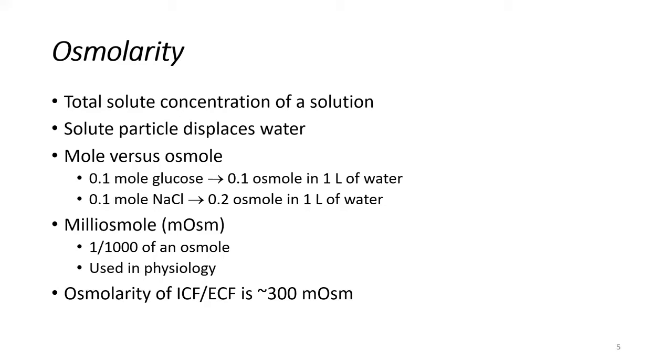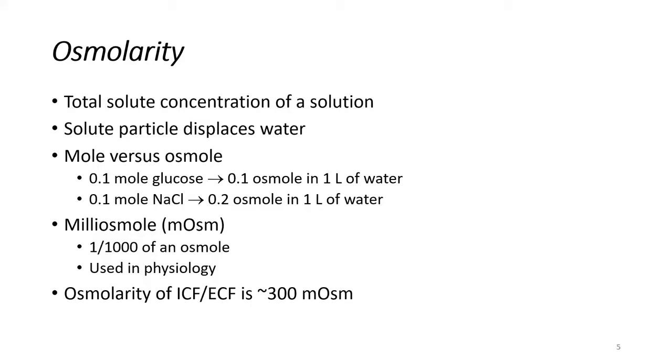But if we have a substance like sodium chloride, 0.1 moles of sodium chloride dissolved in 1 liter of solution, then the overall osmolarity is 0.2, and that's because sodium and chloride will further dissociate into individual particles.